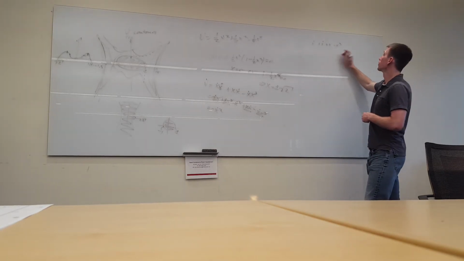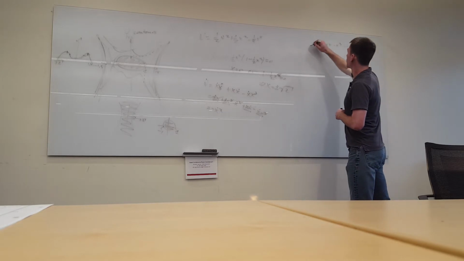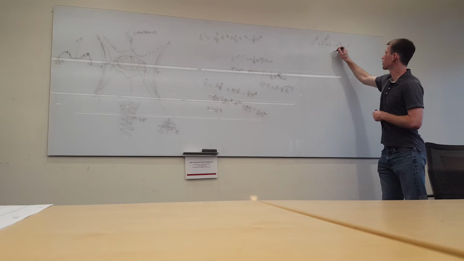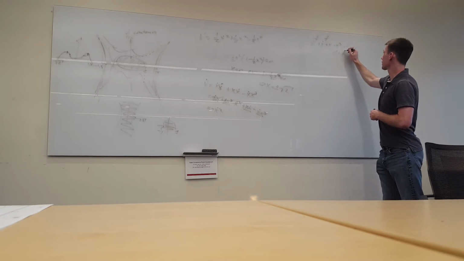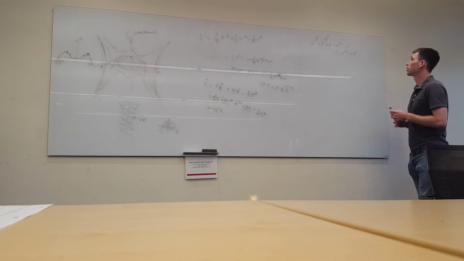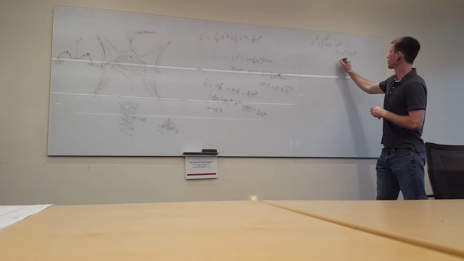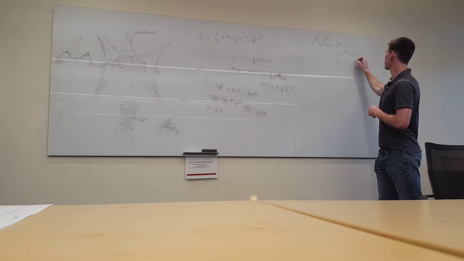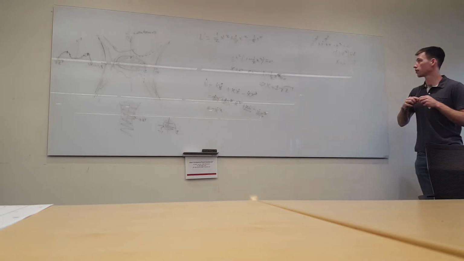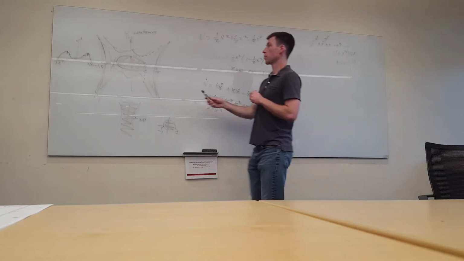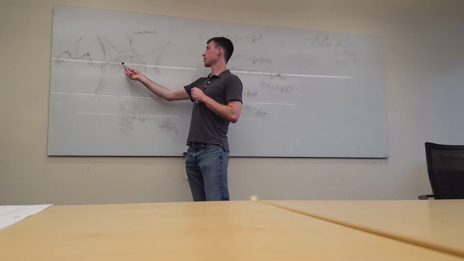Equal to 0, equilibrium, so X times (1 minus X squared) equals 0. X is equal to 0, plus or minus 1, right? So we've got equilibrium points right at the edges and in the center.